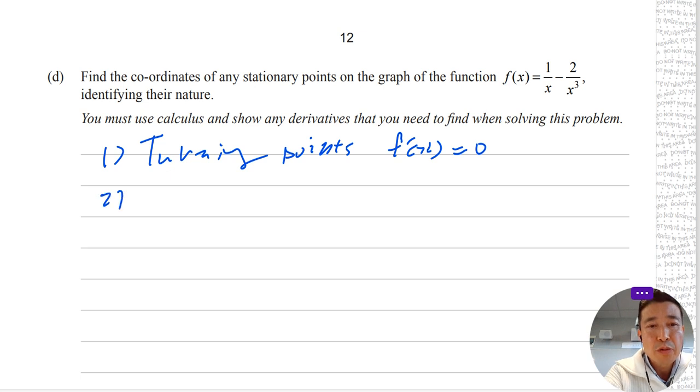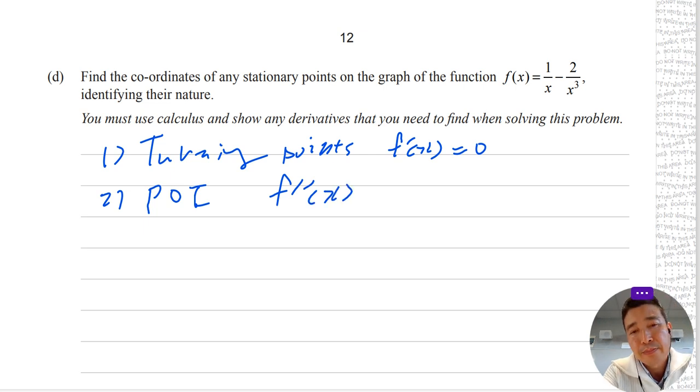So to find the point of inflection, you have to differentiate again. The second derivative equal to 0 shows a point of inflection. Also, the second derivative has another function.